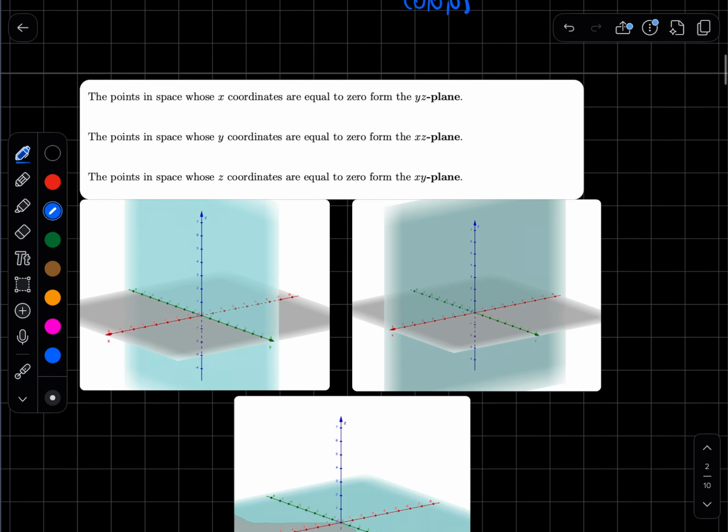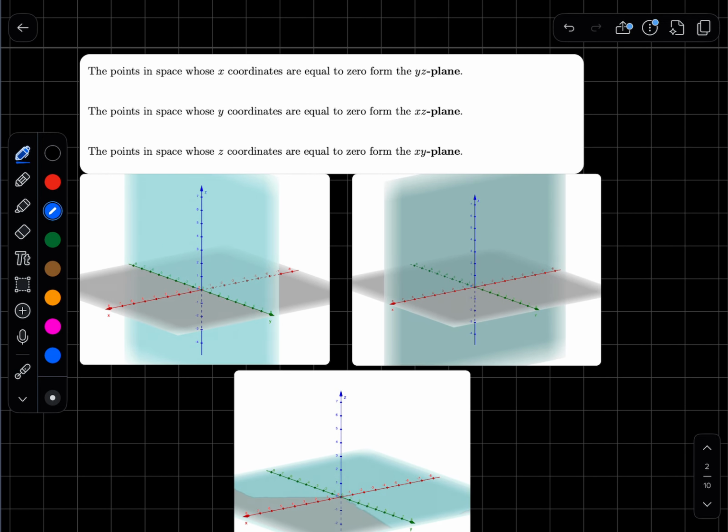Another important part of Euclidean space are the coordinate planes. So back in R2, in two dimensions, you only had the coordinate axes. You had the x-axis and the y-axis. In dimension 3, you have three coordinate axes this time: the x-axis, the y-axis, and the z-axis, like you've seen.